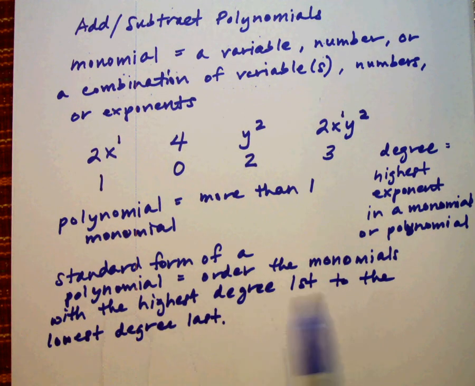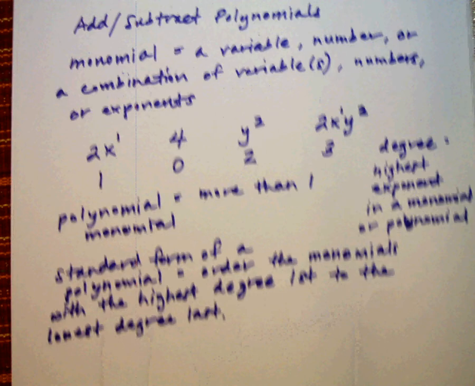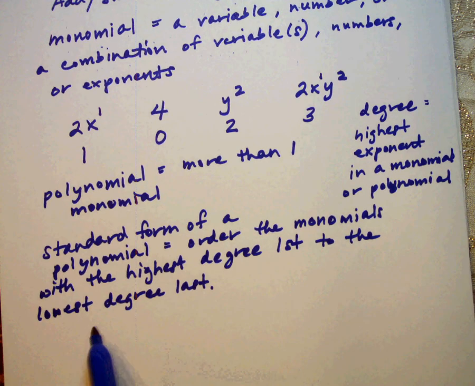So the standard form of a polynomial is to order the monomials from the highest degree first to the lowest degree last. Here's an example.